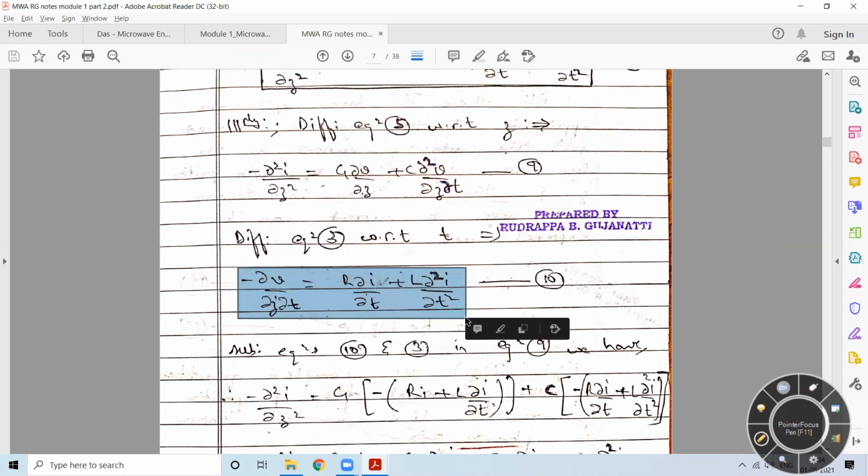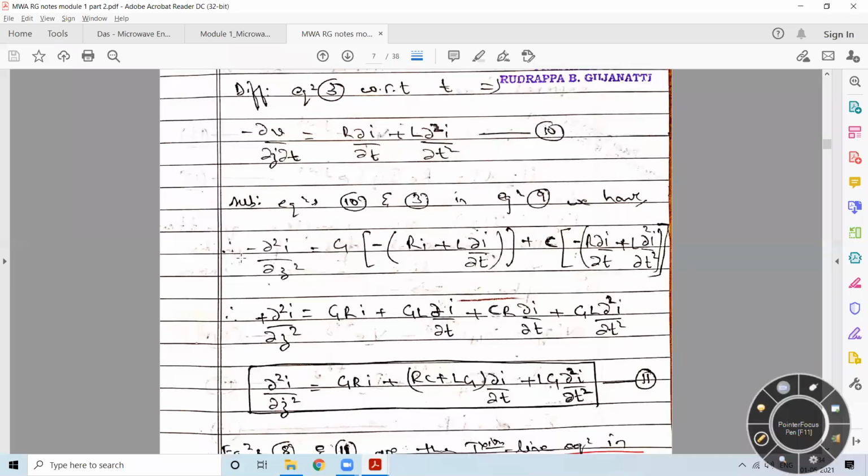So this equation and this equation will be substituted here, and this one will be replaced with the previous equation. So when I substitute that, this is the final equation what I'll be getting.